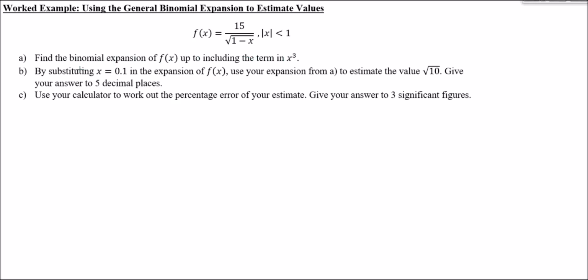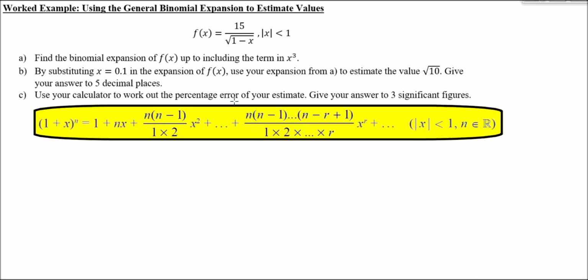Then b, we sub in x equals 0.1 to find an estimate to root 10, giving answers to 5 decimal places. And finally, part c, we need to use a calculator to work out the percentage error in the estimate we've just worked out. Again, this time we're going to give that answer to 3 significant figures. Just to remind what we had from before, this new general binomial expansion is this thing here.